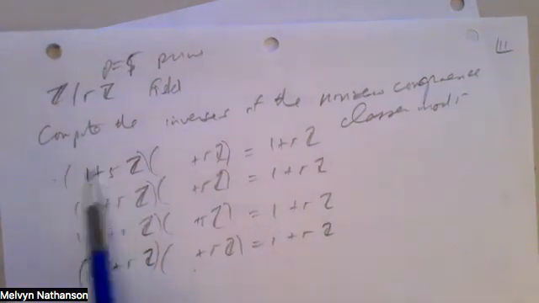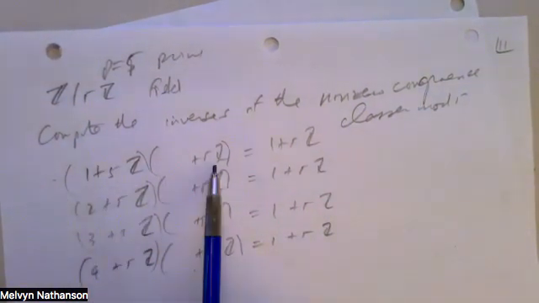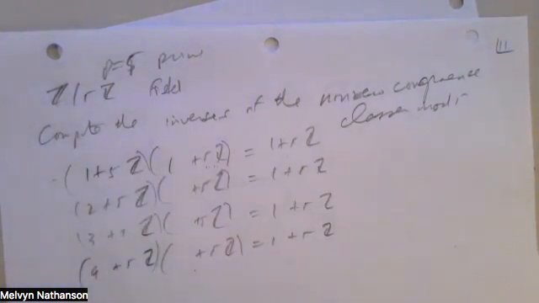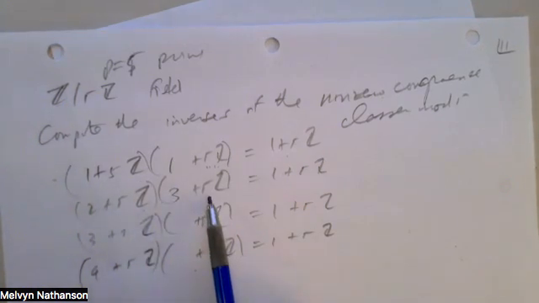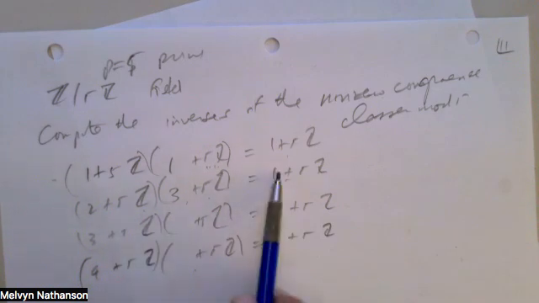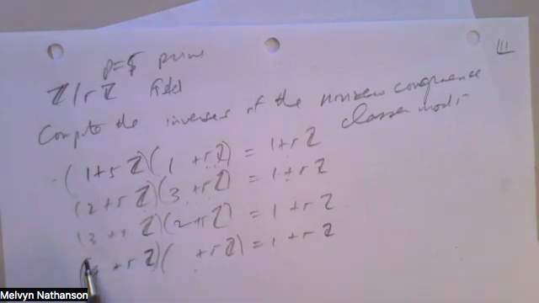So what's the inverse of 1? Well, 1 times 1 is 1. So 1 plus 5Z times 1 plus 5Z is 1 plus 5Z. What's the inverse of 2 mod 5? It's 3. 2 plus 5Z times 3 plus 5Z is 6, which is the same as 1 plus 5Z. 2 times 3 is 1, 3 times 2 is 1. 3 plus 5Z times 2 plus 5Z is 1 plus 5Z.